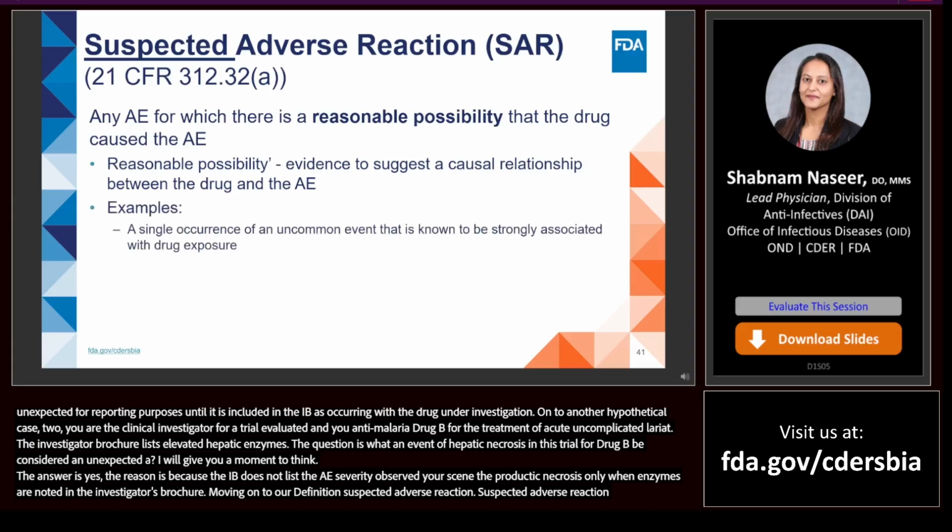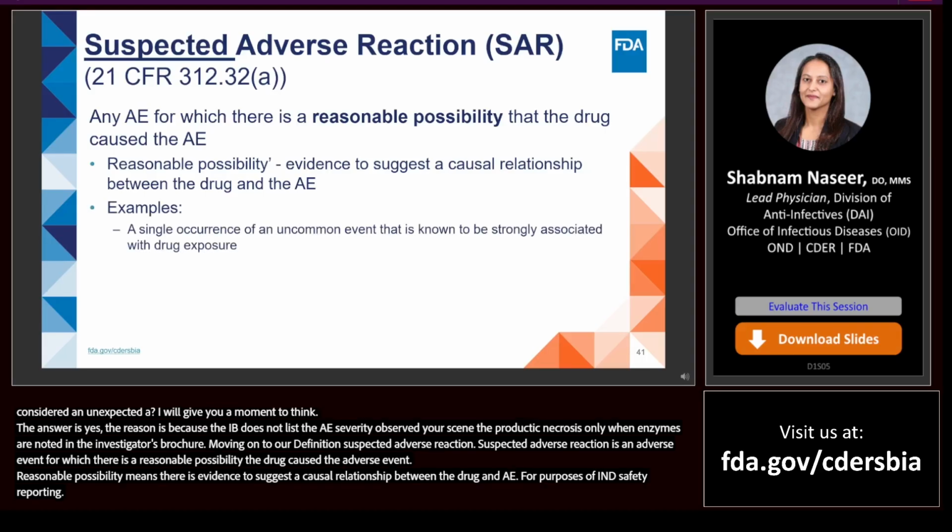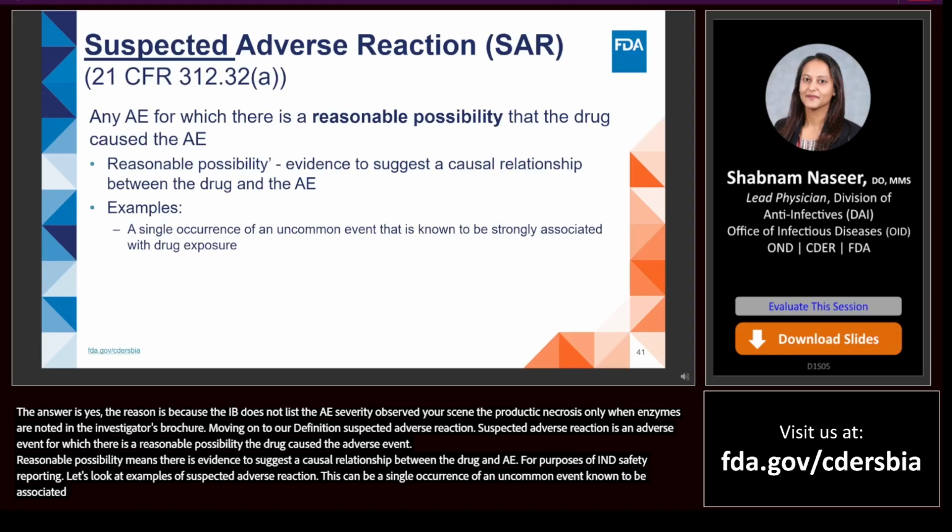So let's look at some examples of suspected adverse reaction. This could be a single occurrence of an uncommon event that is known to be strongly associated with drug exposure. So for example, angioedema, Stevens-Johnson syndrome.